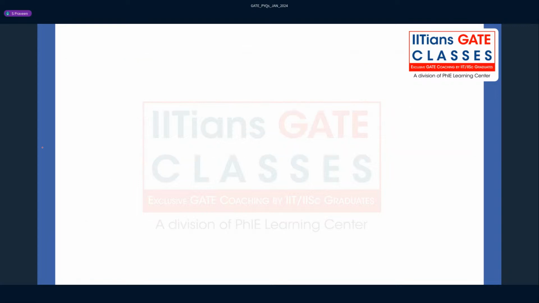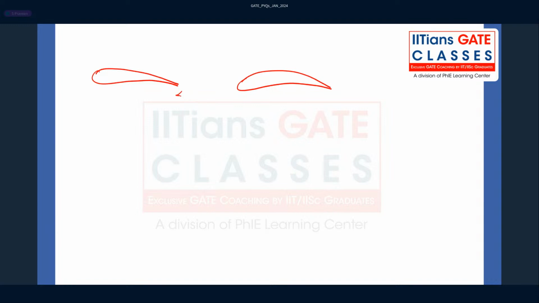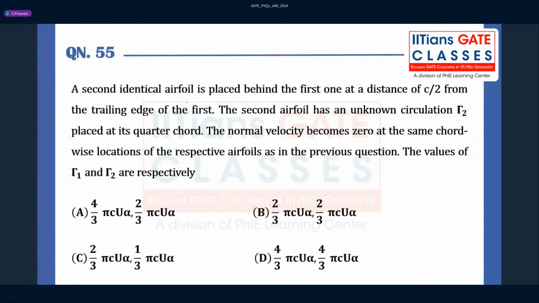A second identical airfoil is placed. Let's draw that first. So we have, at a distance of C by 2 from the trailing edge of the first. It says that the second airfoil has unknown circulation gamma 2 placed at its quarter chord point.